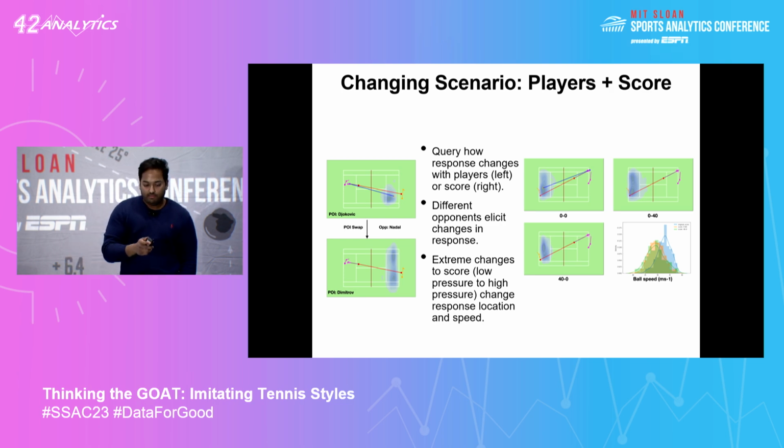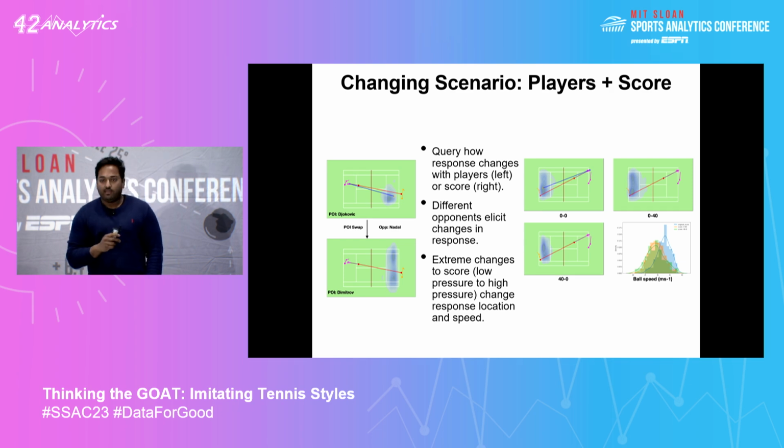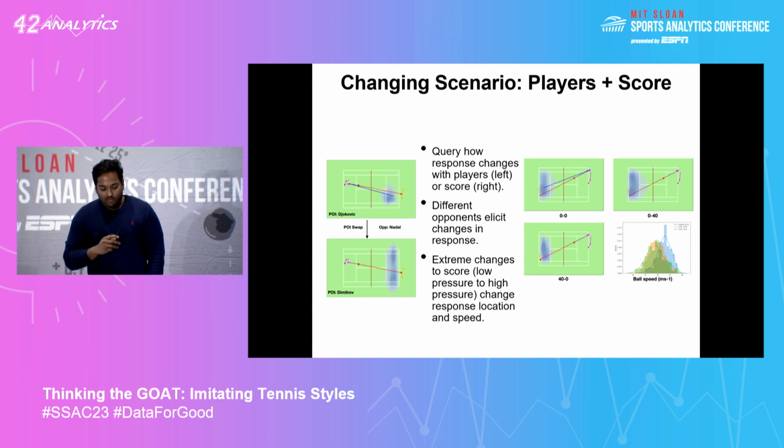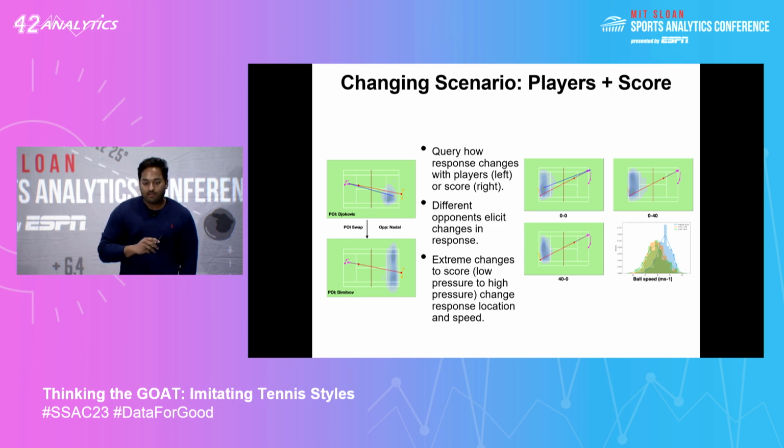Holding Nadal, the opponent, constant, we can see Djokovic's response changing compared to Dimitrov. Dimitrov does not touch Nadal's forehand side because, again, like Thiem, he has a single-handed backhand. He does not want anything to do with the ultra-spinny Nadal forehand, especially on a clay court.